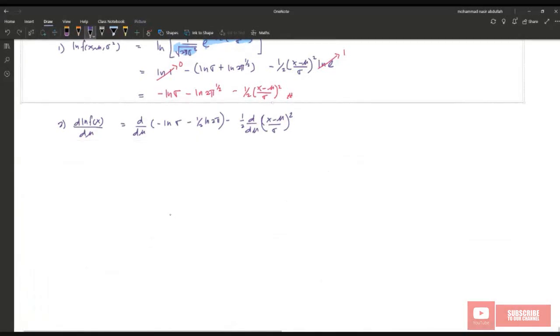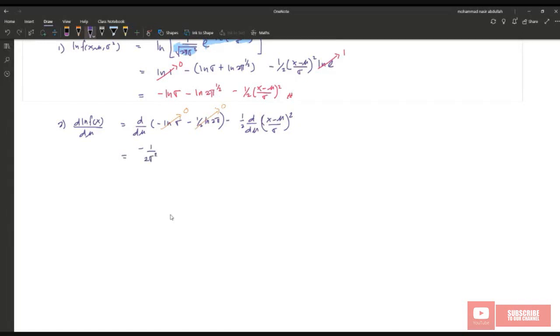Next, the derivative with respect to mu of the first part is equal to 0. This is also equal to 0, there is no mu parameter inside the first part. So for the second part, we will get negative 1 over 2 sigma squared.